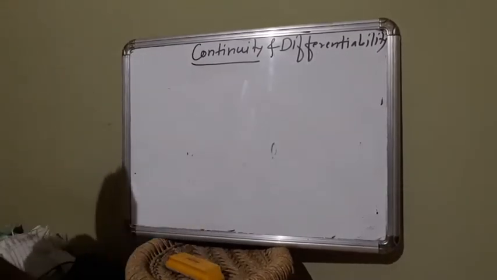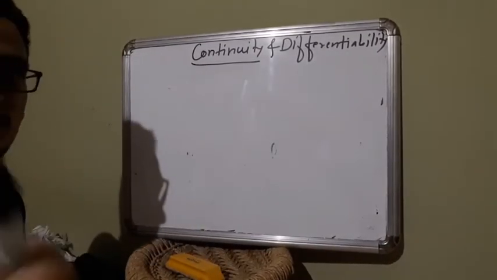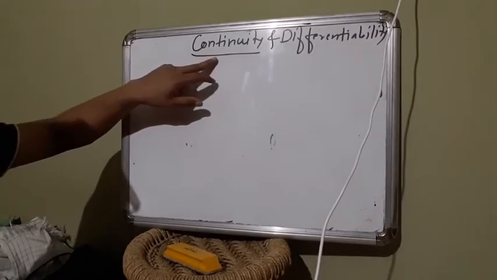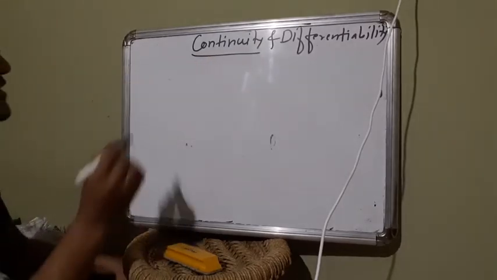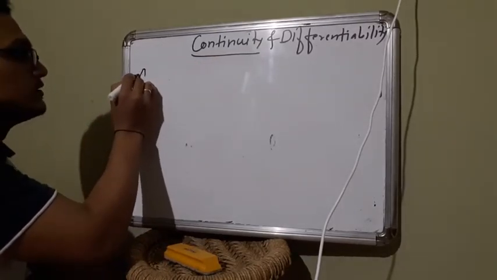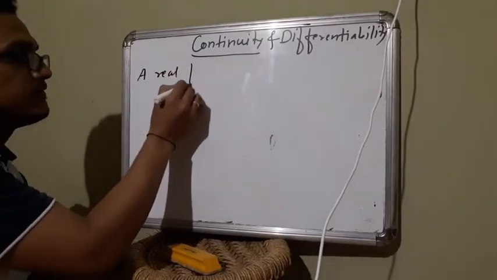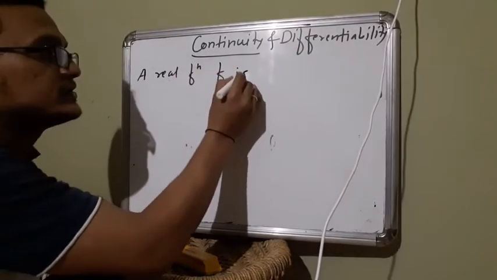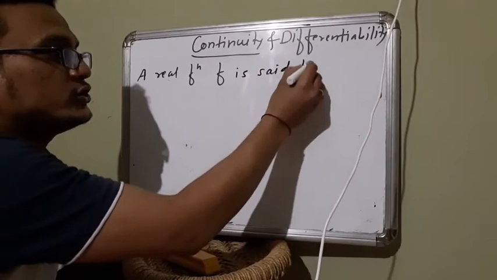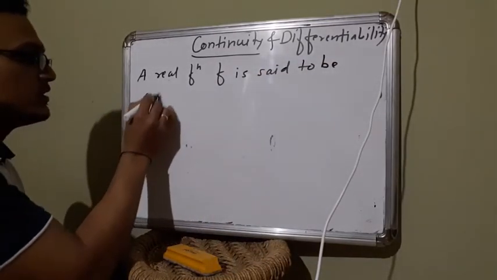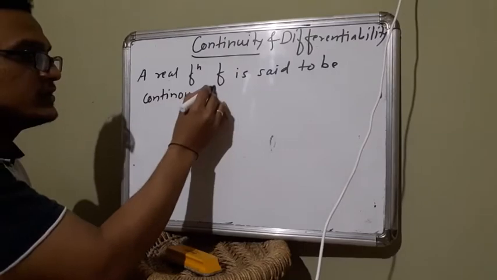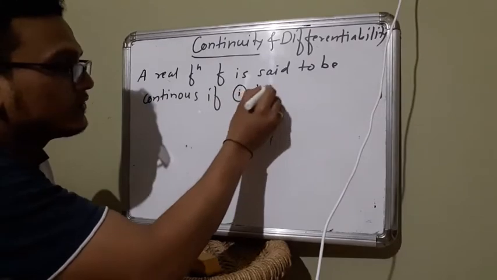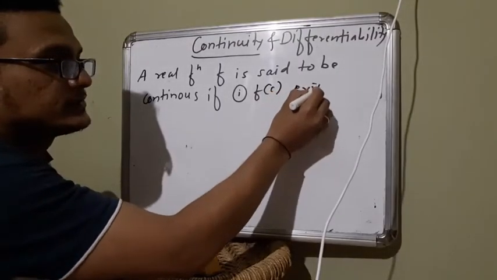So let us talk about the continuity part now. Let us take the definition of a continuous function first. A real function f is said to be continuous if, first, f of c exists.